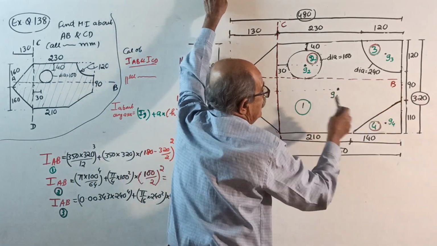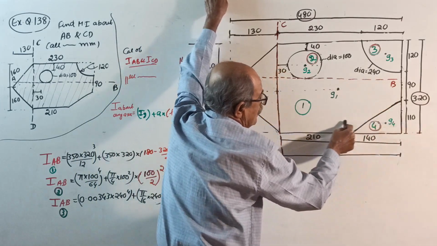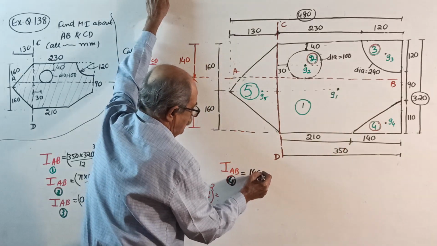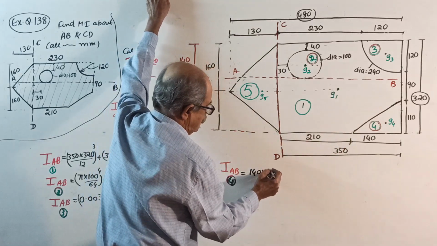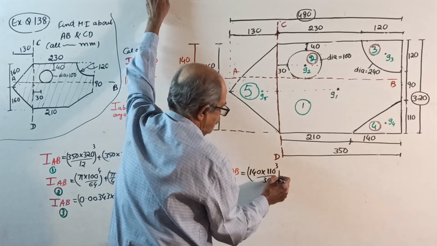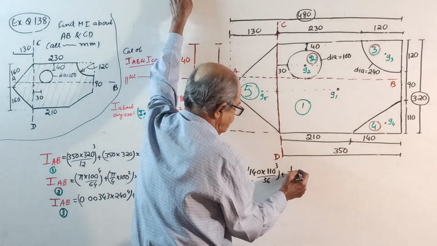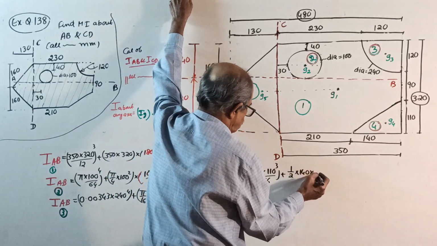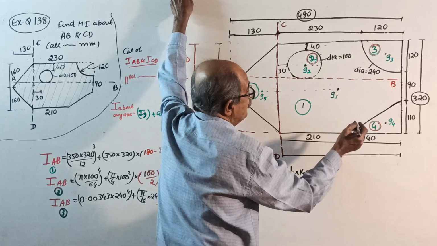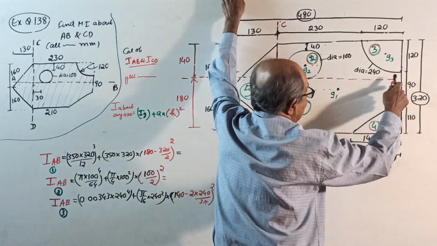I about AB. First, I about its own centroidal axis, parallel to AB. Base is 140, 140 into 110 cube by 36 plus area. This is Ig, I should not explain now. It is over thousands of times into the distance from centroid to AB.